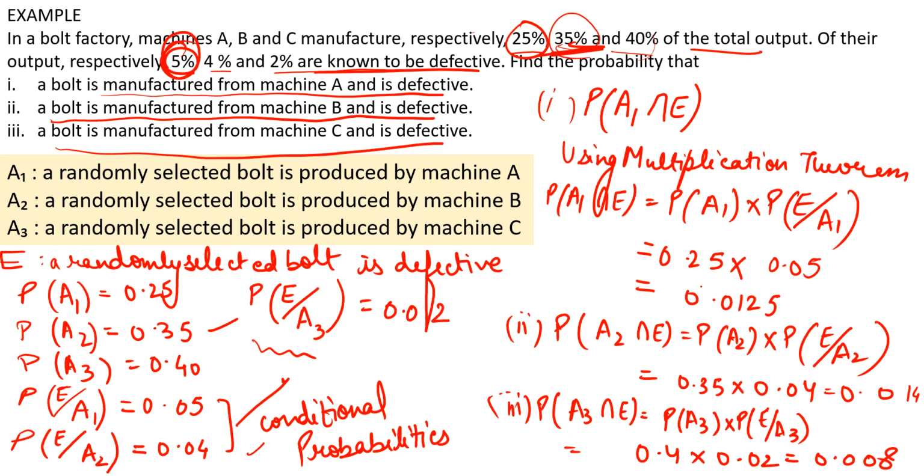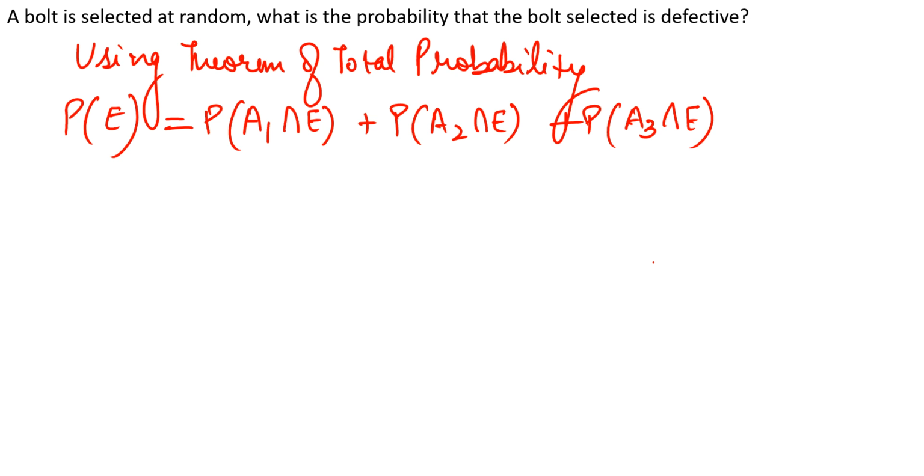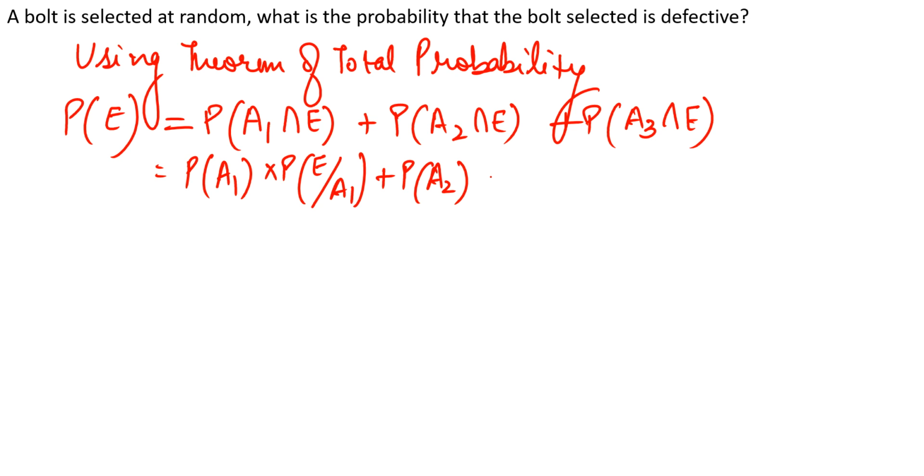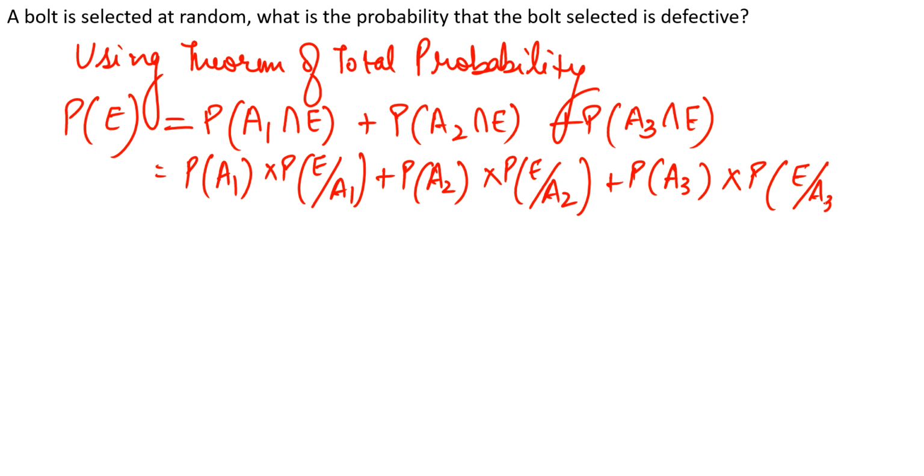From here we can simply fetch in this value, but let's write it down by expanding them as well. So this is the probability of A1 into the probability of event E given A1 has already occurred, plus the probability of event A2 into the probability of event E given A2 has already occurred, plus the probability of event A3 into the probability of event E given A3 has already occurred.